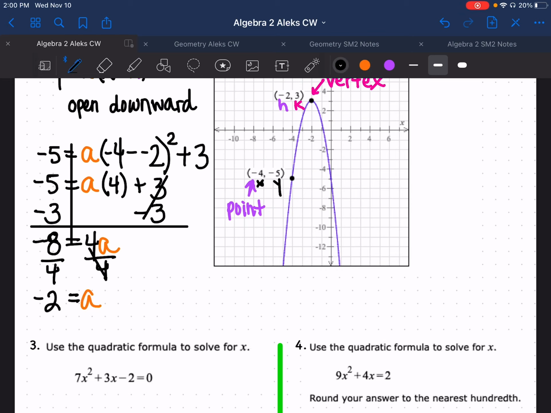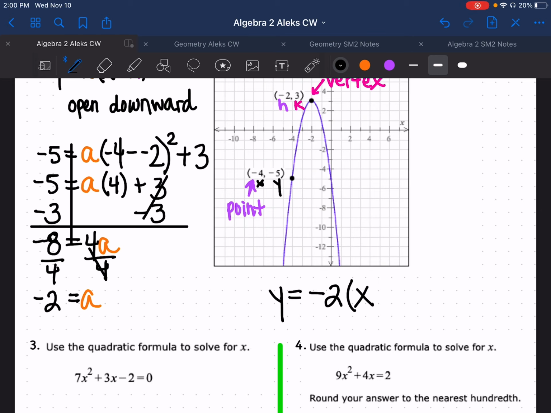Now remember, if this graph was pointing upwards, you would ignore the negative and you would just use the 2. But since it is pointing downward, I am going to use the -2. I'm going to come back up. I just need my vertex.